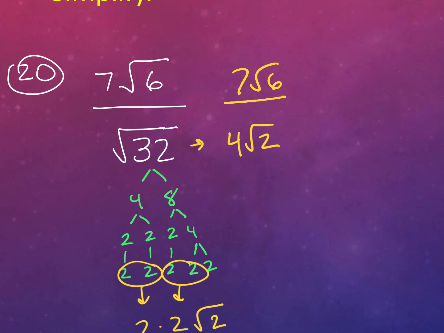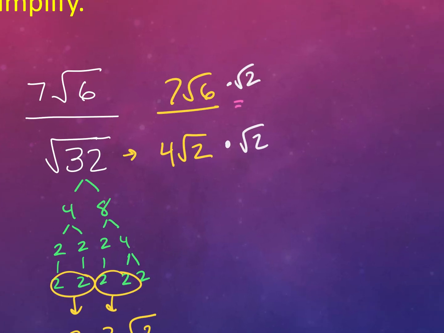Next step is we need to rationalize. So how do I get that square root 2 out from the denominator? What do I need to do? Multiply what? Just the bottom and the top. We multiply the top and the bottom by square root 2. So what do I get on the top?